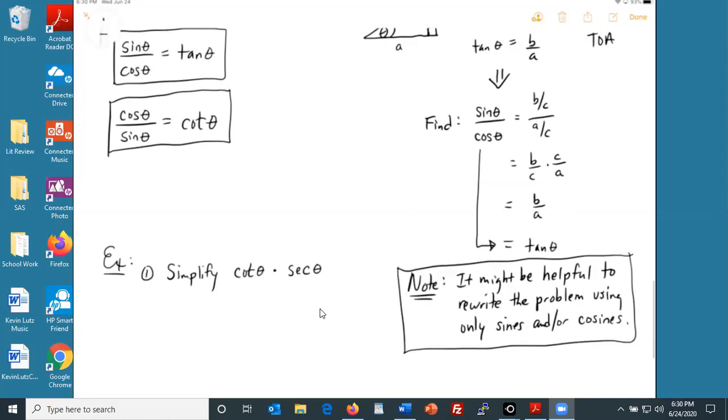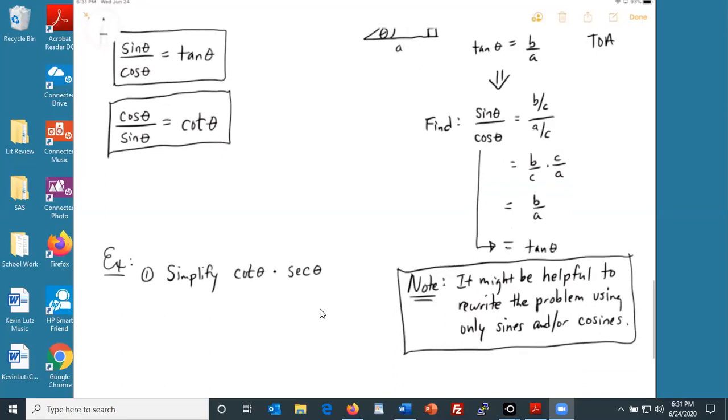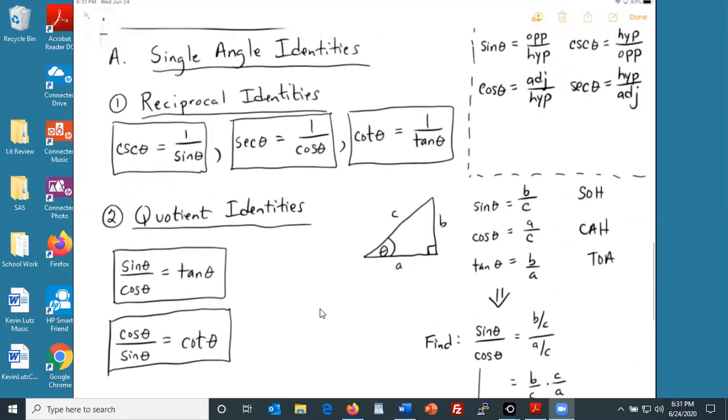Now, why is that? Well, think about this. There are 6 different trig functions. So when you start thinking about all the different ways you could simplify those, there's going to be a lot. One thing you might notice up here is that cosecant is equal to something in terms of sine. Secant is equal to something in terms of cosine.